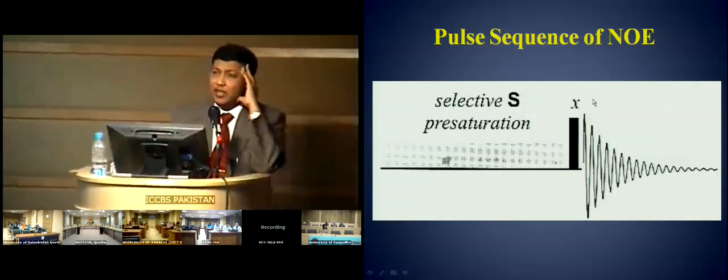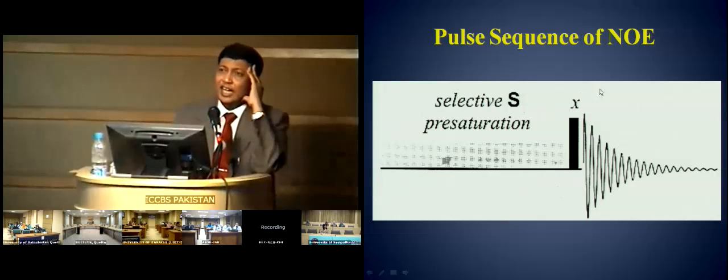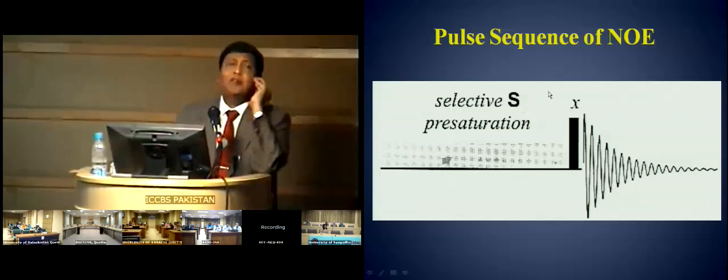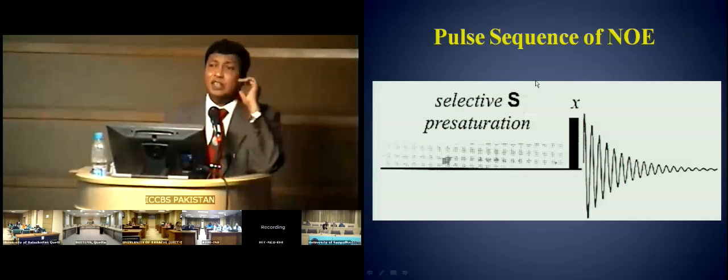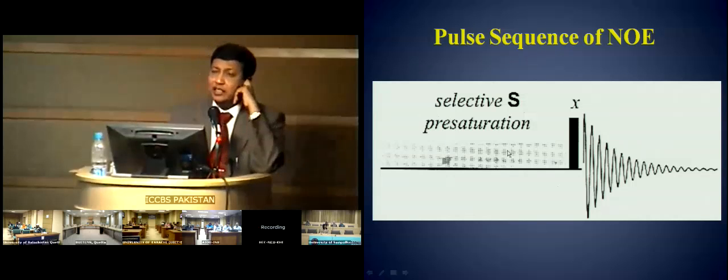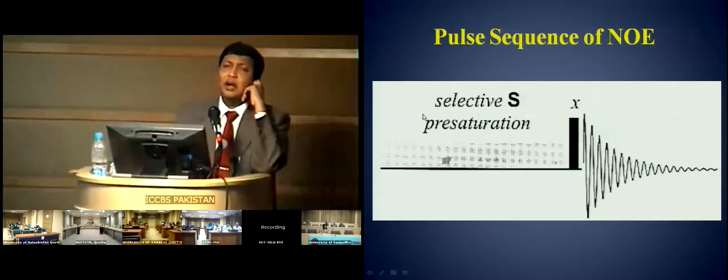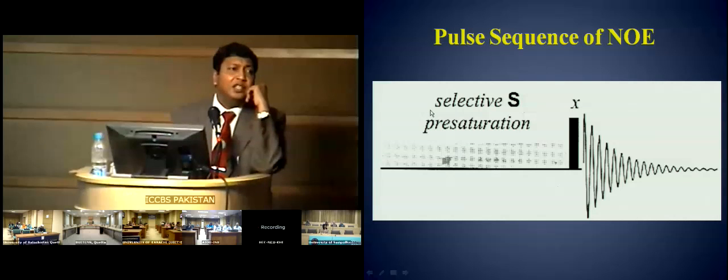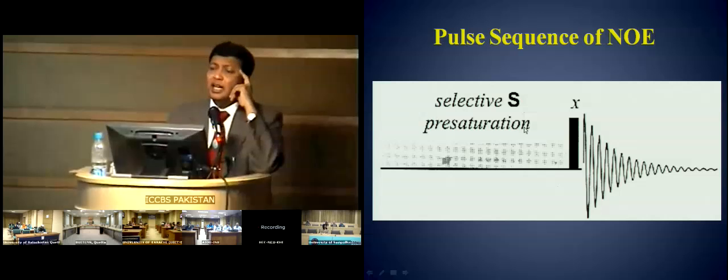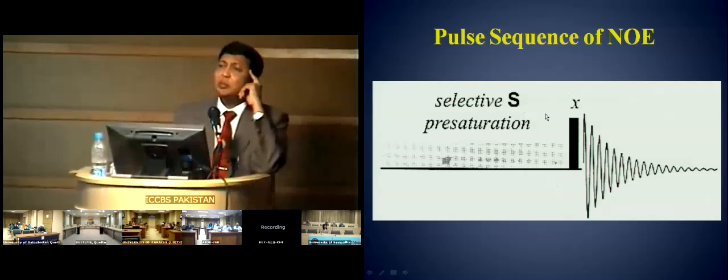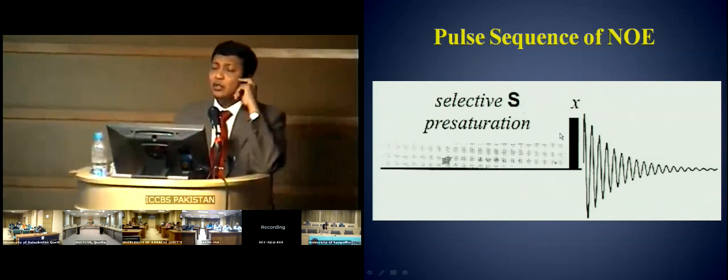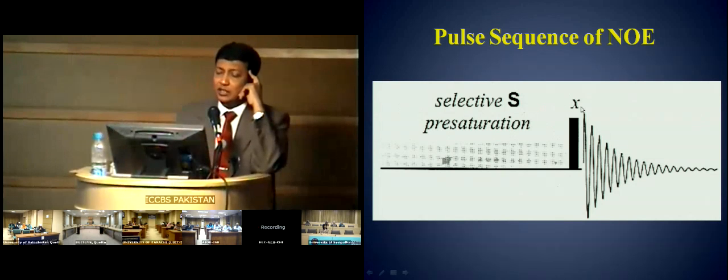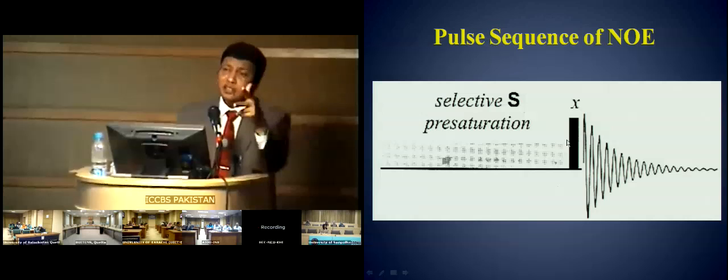Because I is receiving a 90x pulse also, and I would be detected. So I would have two different forces acting on it. One is this S, which is a constant pumping of energy into the system, and the other is the 90x pulse, which you brought in order to see the I. So I has two different energies.